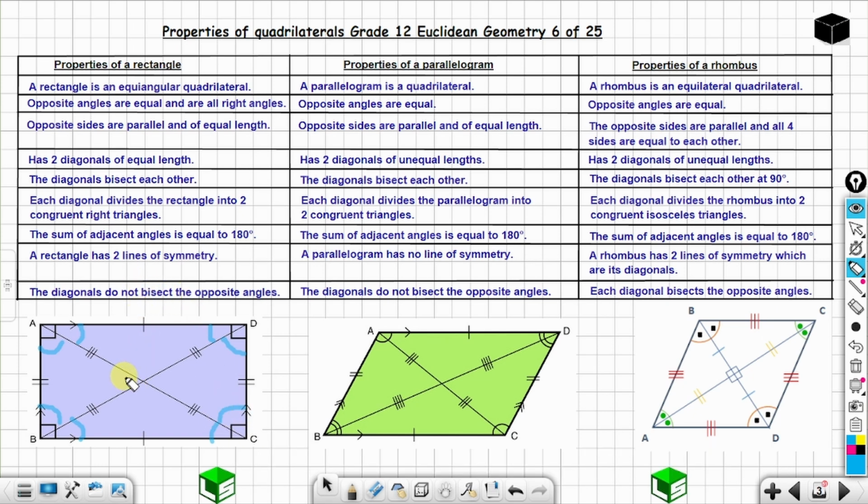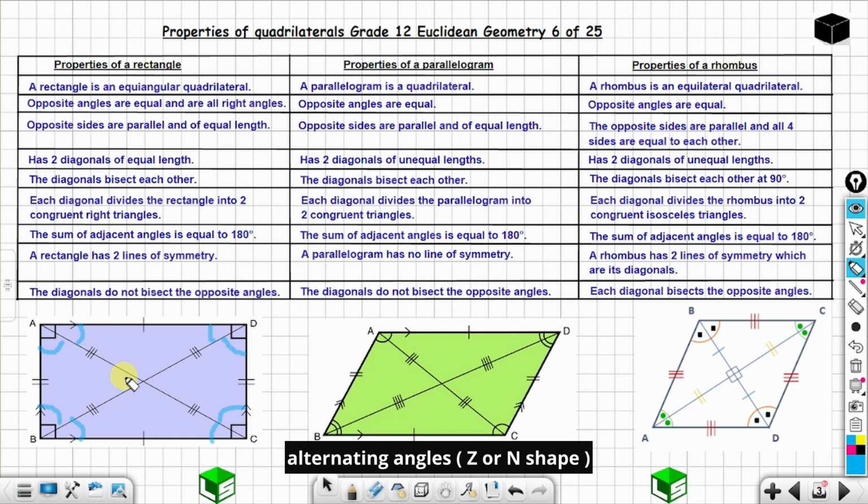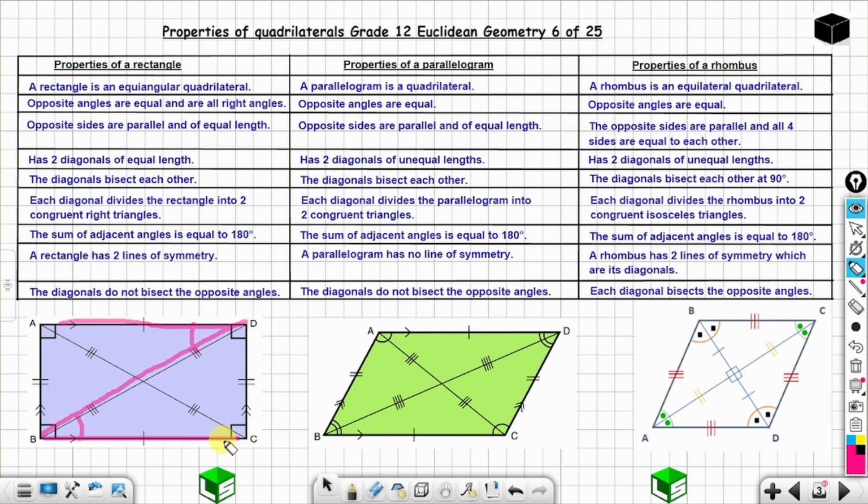You can have your alternating angles. Let me show you. This line is parallel to this line. I can do this. Alternating. So this angle is the same as this angle.